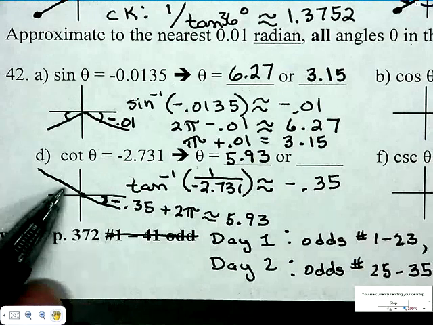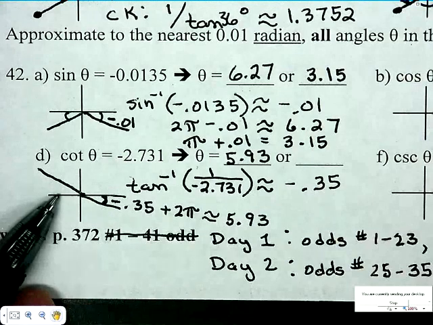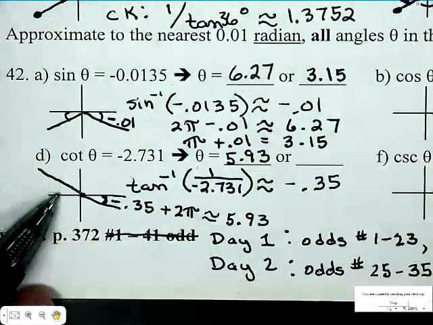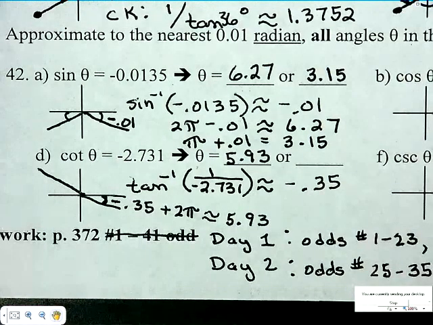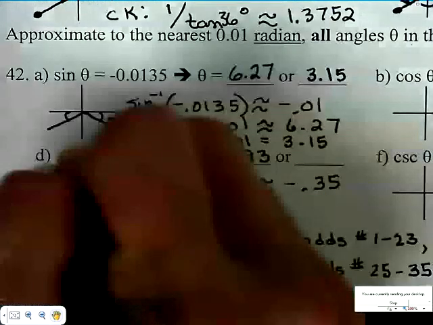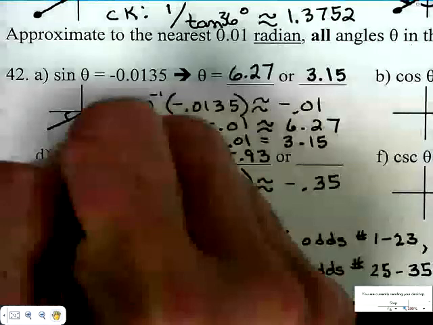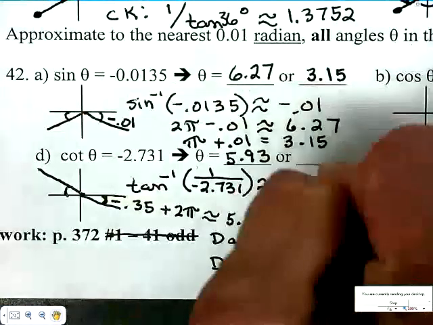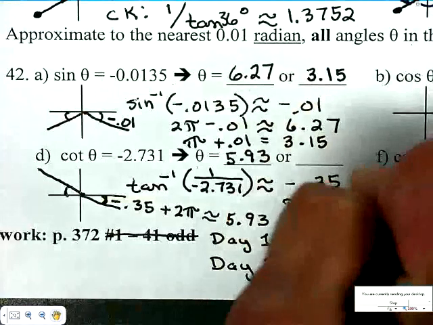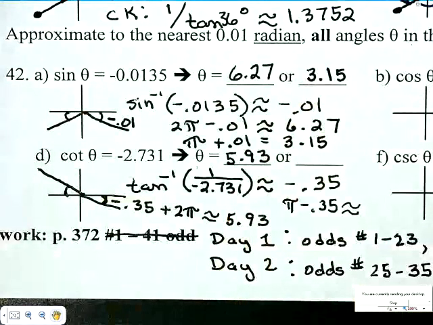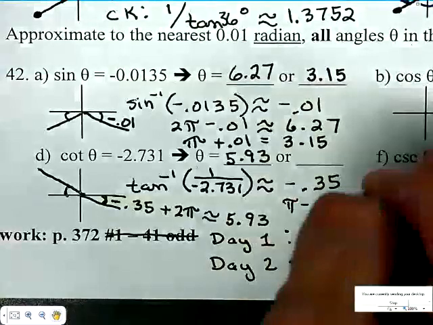This is a third of a radian above the negative x-axis, so I would just do pi minus 0.35. That would give me my second quadrant angle. And what's that? 2.79.